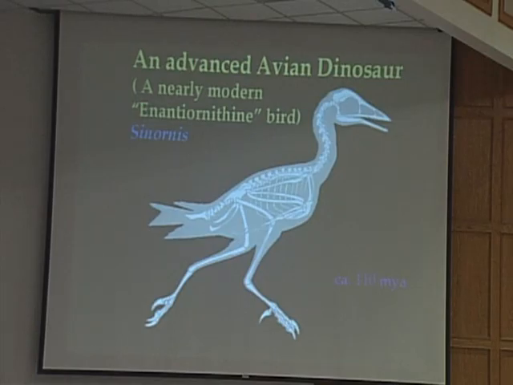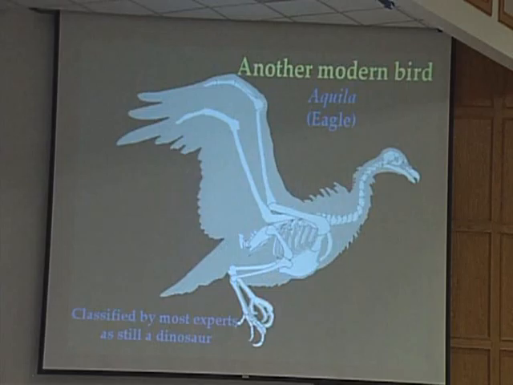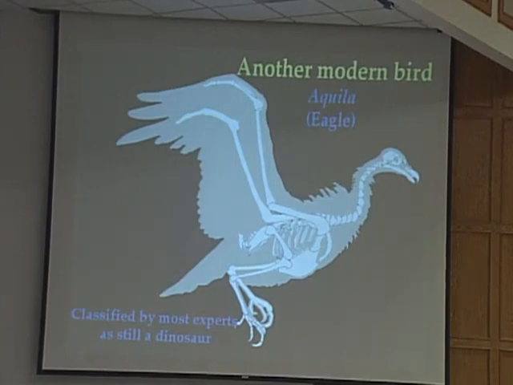An advanced avian dinosaur, or nearly modern enantiornithine bird, what's called an opposite bird. A modern bird, like a pigeon, which is classified by most experts as still a dinosaur. And another modern bird, like an eagle. So birds are considered to be feathered dinosaurs by probably 99% of all professional biologists who are qualified to have an opinion on the matter.